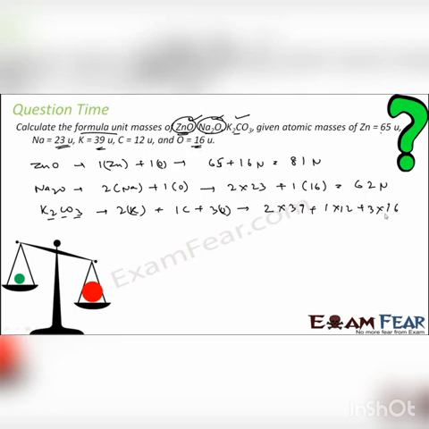Oxygen is 16. Solve this, 48 plus 12, 60 plus 78, 138 unit, and that is the answer. Pretty easy. Okay, so having understood the molecular mass, let's understand the mole concept now.